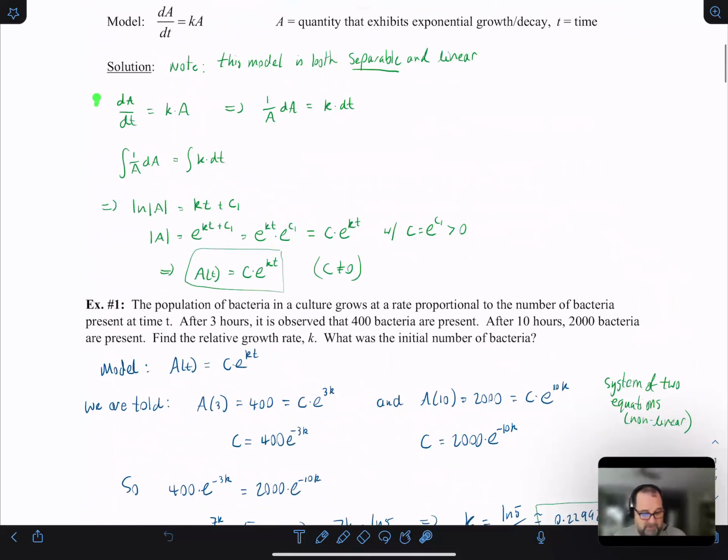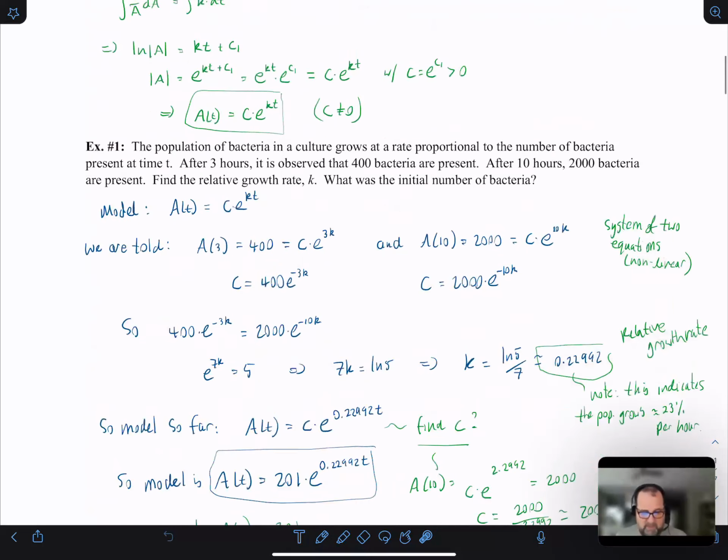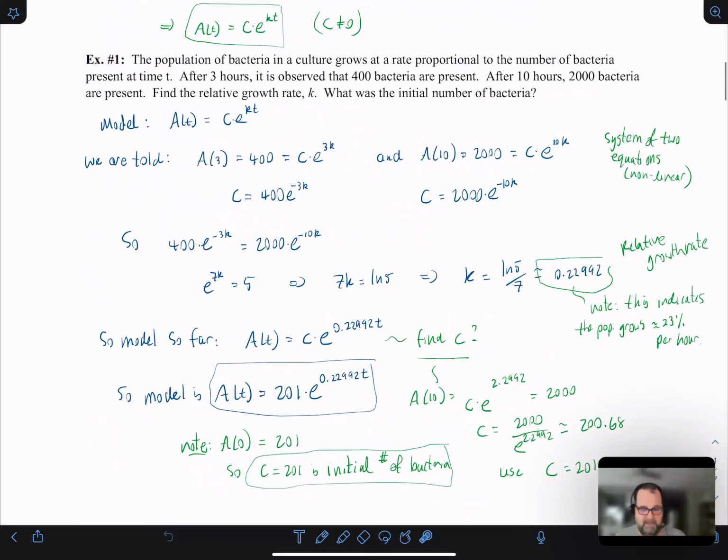Once you have derived the model, you don't really need calculus anymore. These questions are really algebra questions, and I imagine they're the sorts of things you've seen before. So here are some examples. Let's say the population of bacteria in a culture grows at a rate proportional to the number of bacteria present at time t.